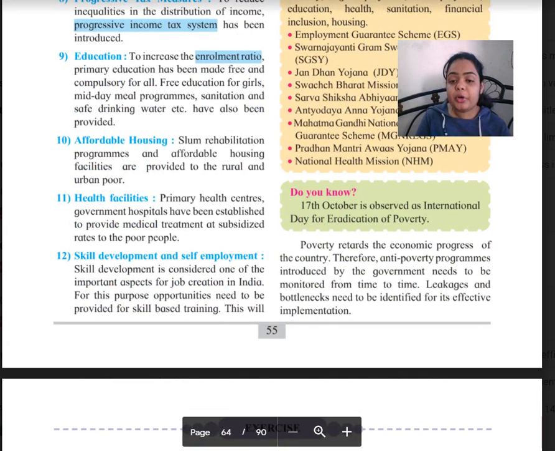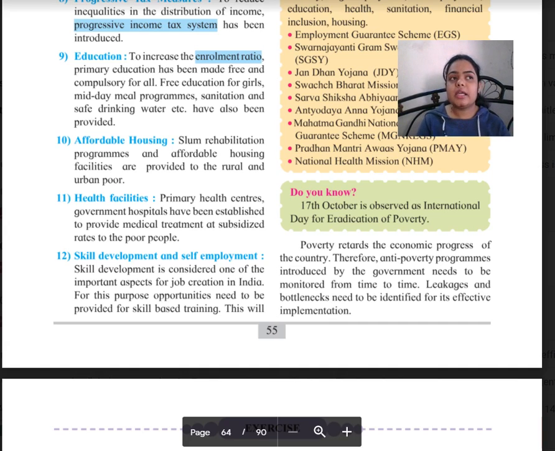Now next, poverty relates to the economic progress of the country. Therefore, anti-poverty programs introduced by the government need to be monitored from time to time. Leakages and bottlenecks need to be identified for effective implementation.